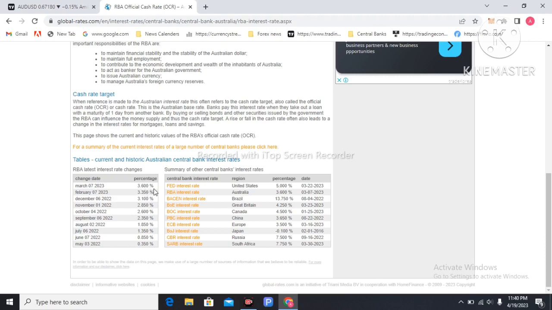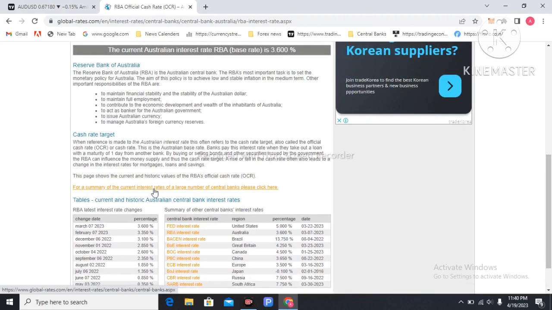So the Australian dollar is going to depreciate against the dollar. That's what I am seeing in the economic picture for the next month and the next few months. The Australian dollar will depreciate against the US dollar.